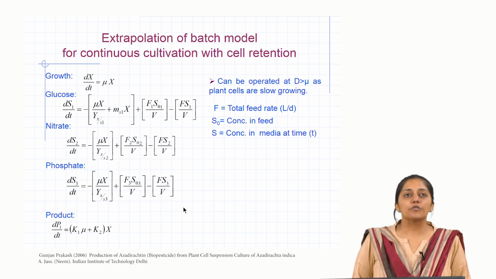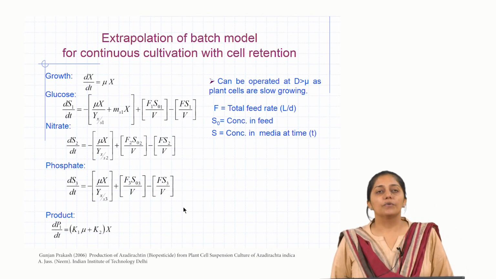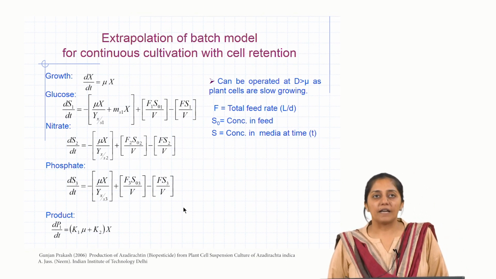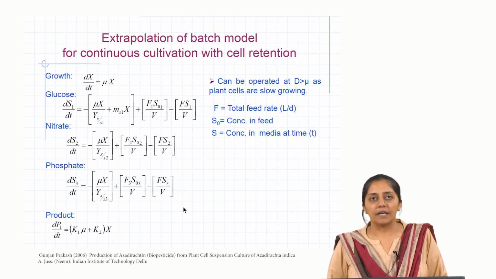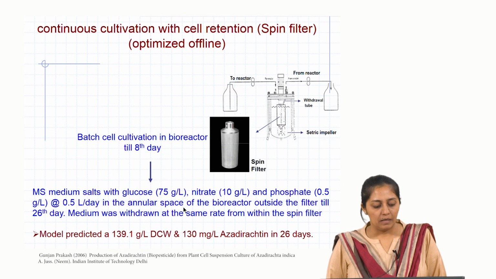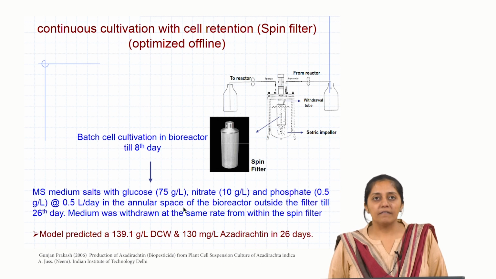Then the batch model was further used to develop nutrient feeding strategies in continuous cultivation, where again the same model parameters were used to design equations for the continuous cultivation, and then the model was simulated and experimentally validated.